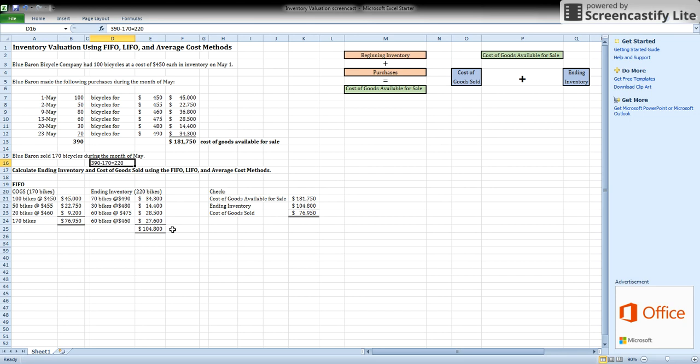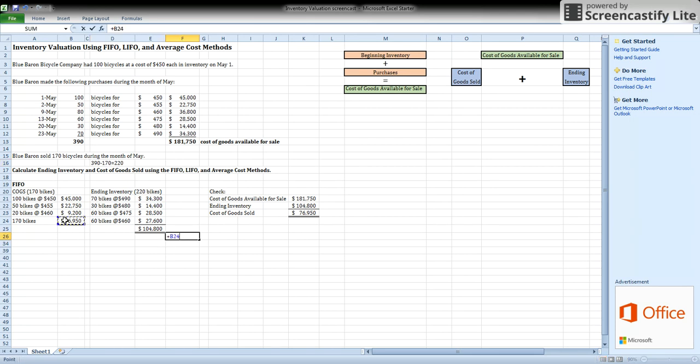Now, we can also do a simple check of that. We can take our cost of goods available for sale, our total $181,750, and we can subtract out the ending inventory that we calculated. It gives us cost of goods sold, and that matches the $76,950 that we have here.